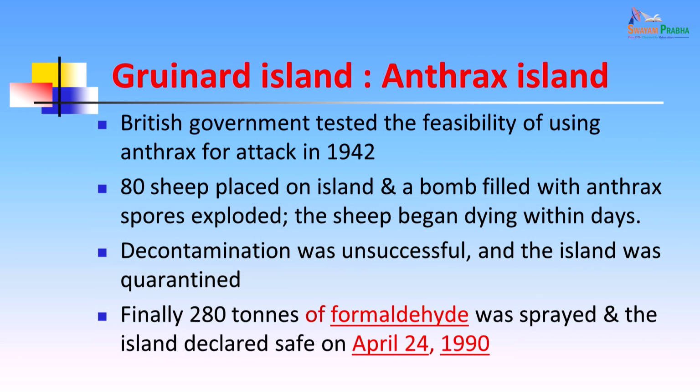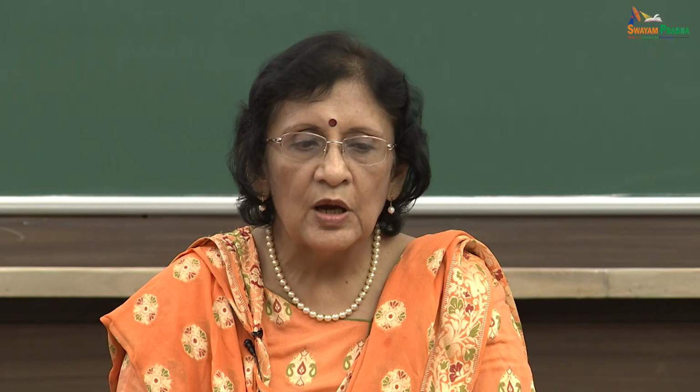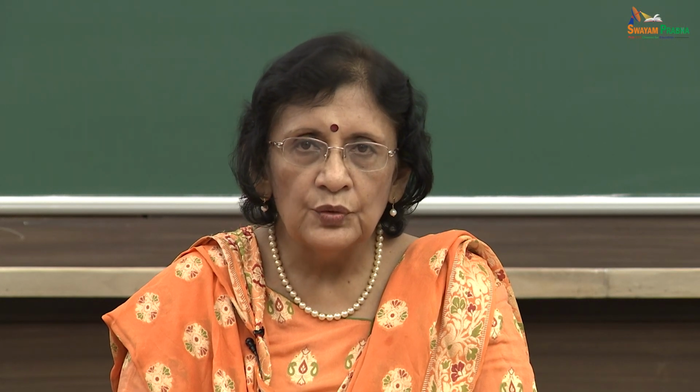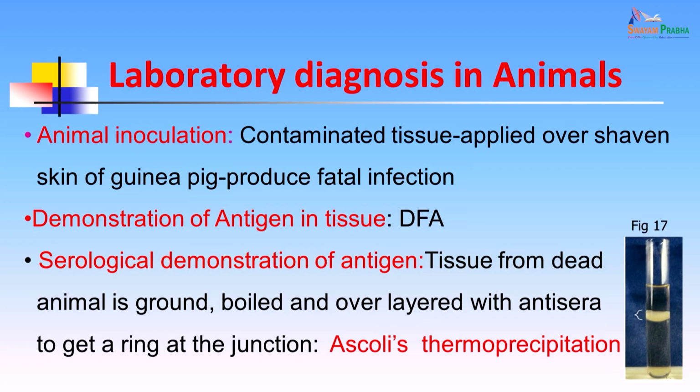So, the spores of Bacillus anthracis are very hardy. When they get into the soil, they can survive for many years. It is important to be able to diagnose anthrax in animals, because if you can suspect anthrax in animals, the animals can be appropriately handled so that they do not continue to transmit anthrax to human beings. How can this be done?